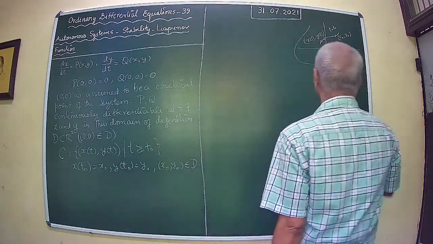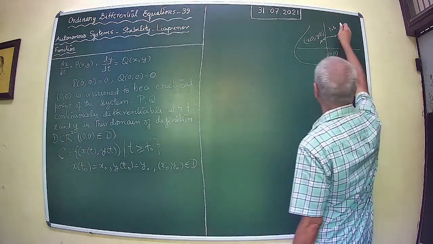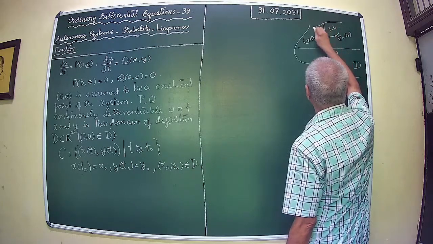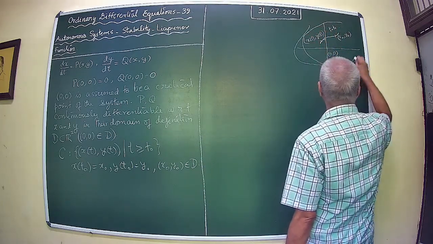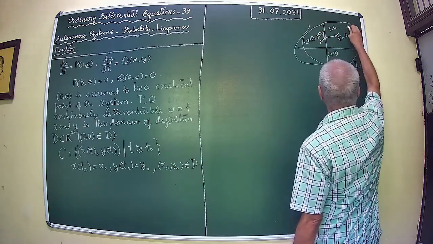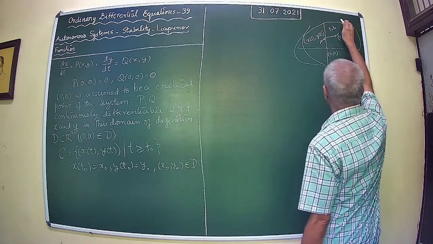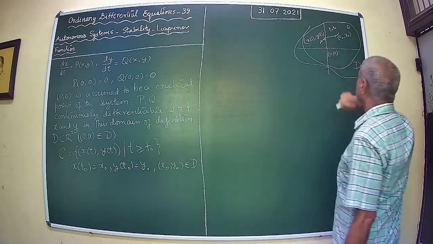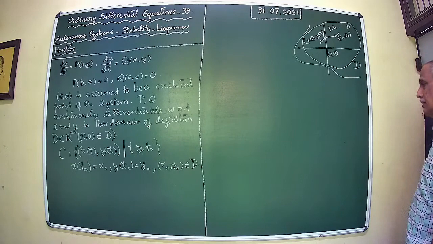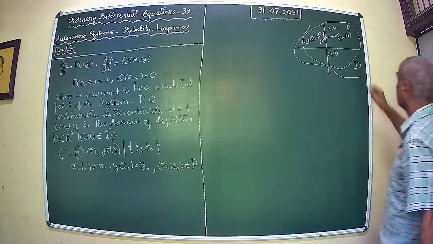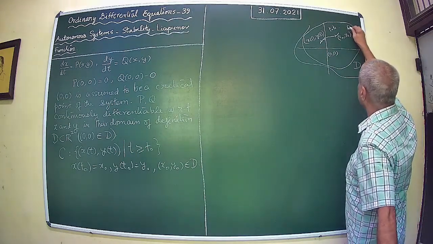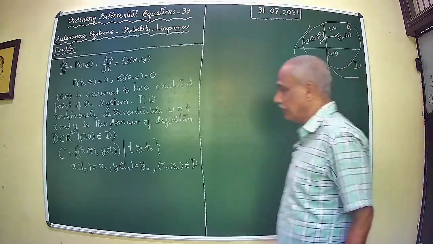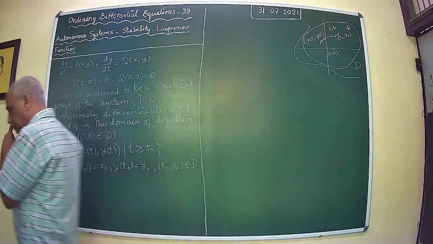We have already seen that if you have some bounded region R, then (x(t), y(t)) is defined for all t, and (x(t), y(t)) belongs to R. That's what we have seen earlier.